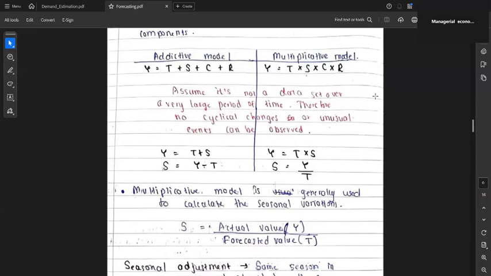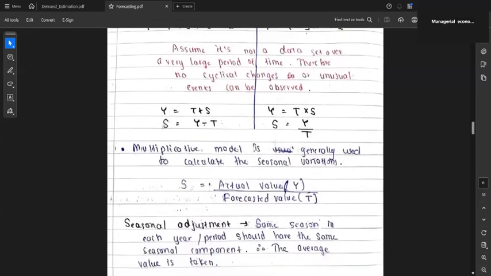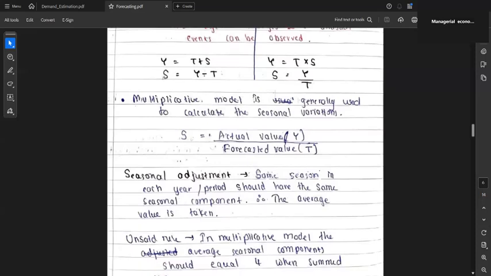In the additive model, you can get the seasonal component by subtracting T, the trend value, from the Y value. While in the multiplicative model, you can get the seasonal component by dividing the Y value by the trend component. Usually we use the multiplicative model.